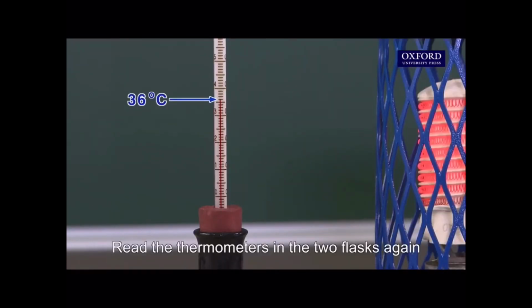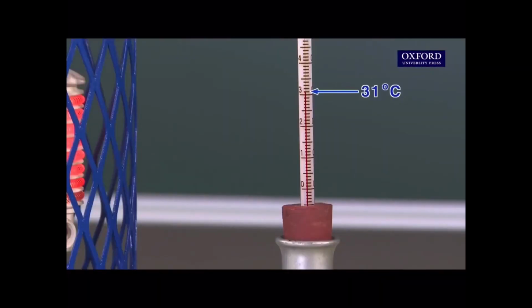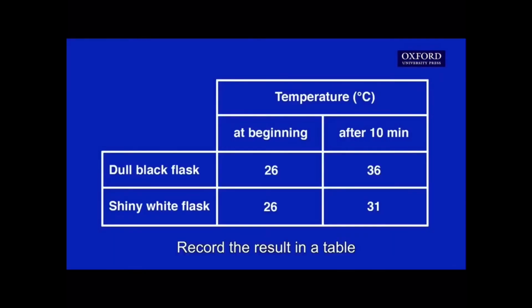Read the thermometers in the two flasks again after 10 minutes. Record the result in a table. Which flask is hotter after 10 minutes? Is thermal energy mainly transferred from the heater to the flask by conduction, convection or radiation?